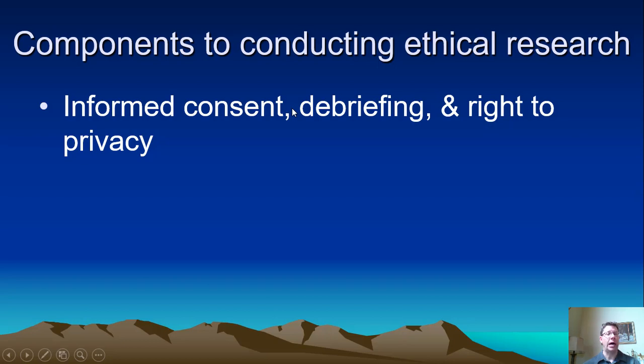If you do a good job debriefing, if you convey that, you thank the participant for their help, you ask them if they have any questions, you maybe ask for their response to certain parts of the study to make sure they understood directions or if there was anything that was confusing to them.